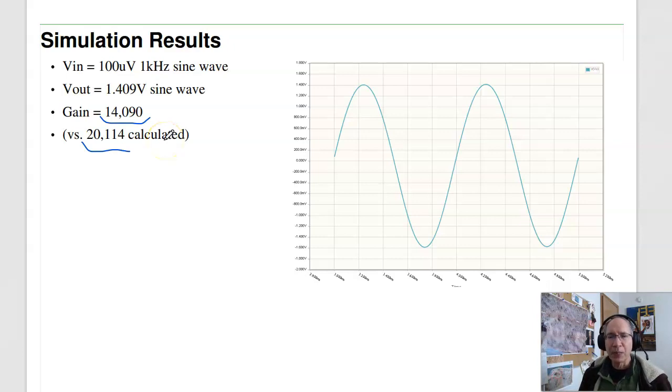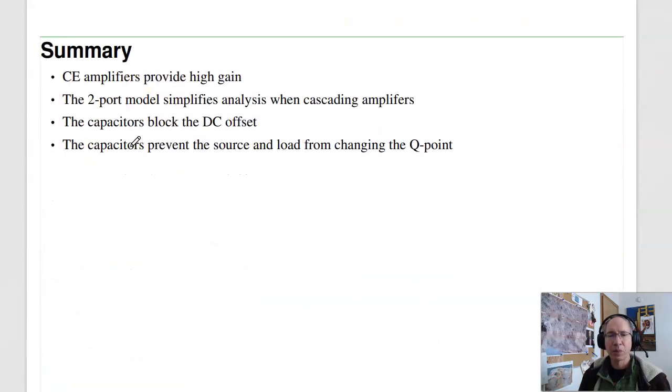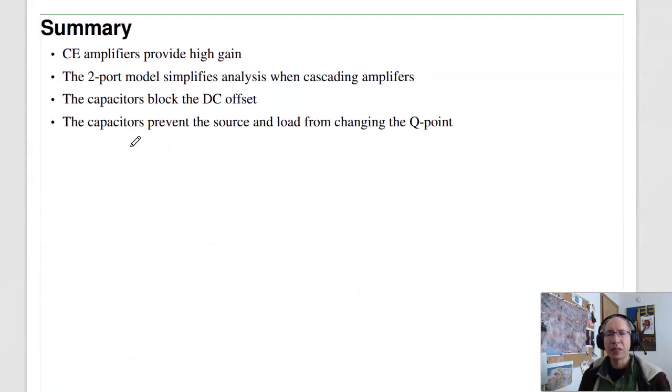Build it in lab, I'll get another answer. Again, each transistor will have a beta somewhere between 100 and 300. And likewise, each one will have a slightly different gain. But it'll be the same ballpark. So in summary, the common emitter amplifier provides high gain.